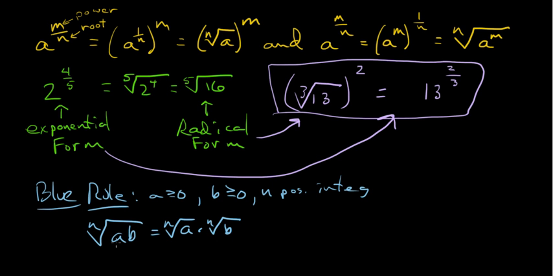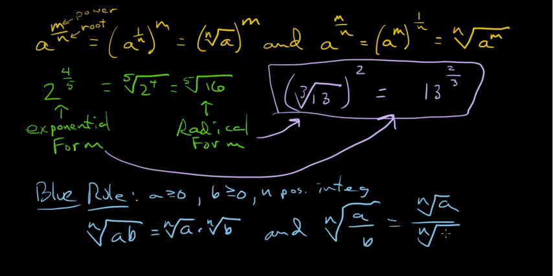We've been doing this with square roots for a long time now. So we're just saying that not only does it work with square roots, it works for cube roots or fourth roots, whatever. Okay? And the nth root of A over B equals the nth root of A over the nth root of B. And of course, B cannot equal 0.